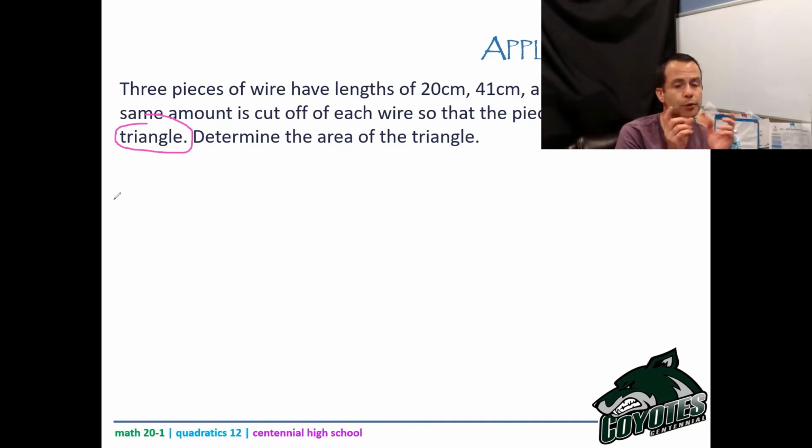So I'm going to put those three numbers, 20 minus x, 41 minus x, and 44 minus x, into the Pythagorean theorem. So I have 20 minus x all squared plus 41 minus x all squared. It's the two legs squared and added together will equal the hypotenuse squared, which will be 44 minus x all squared.